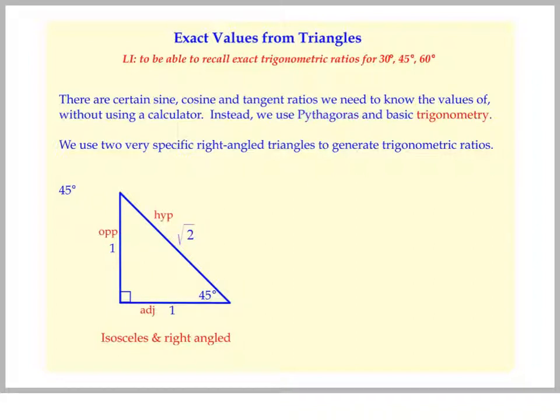Now using the basic trigonometry and our idea of SOHCAHTOA, if 45 degrees sits in this corner here, then the opposite side must be over here. We know the hypotenuse is opposite the right angle, the adjacent side is the one that's left. So again, using opposite and hypotenuse, sine 45 is 1 over root 2.